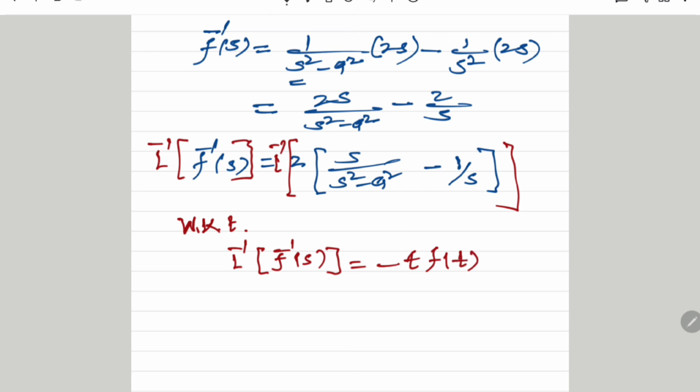And therefore the inverse of the left hand side is minus t multiplied by f of t, and that is equal to 2, constant outside, inverse of the first term, s upon s square minus a square. Standard result, it is cos of at, minus the inverse of the second term, 1 by s, which is 1.